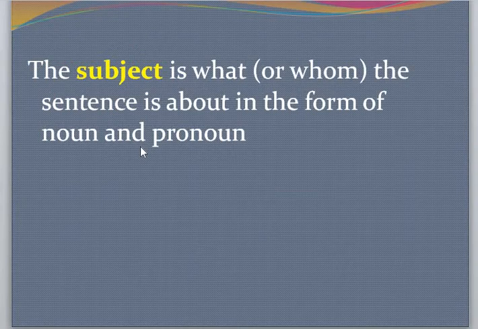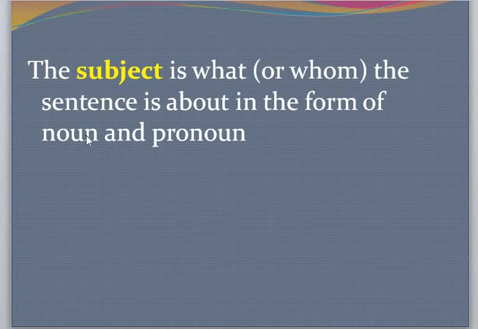As I explained, a sentence is the combination of subject and predicate, so let me tell you about the subject. The subject is what or whom the sentence is about, in the form of a noun or pronoun. Keep it in your mind that whom we are talking about, for whom the function is being performed in the sentence, is called the subject.